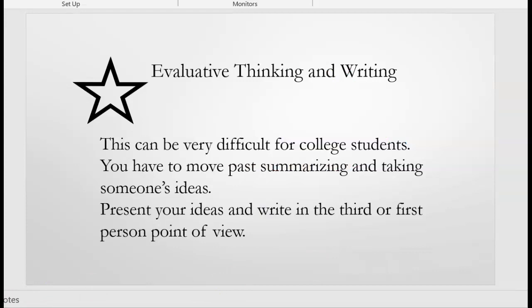When we pull it together, we want to remember that this is difficult for students. You have to move past summarizing. You want to present your ideas in the third person, and sometimes you're going to talk about your own experience. That's when it starts to get a little bit more interesting for students in the college classroom.